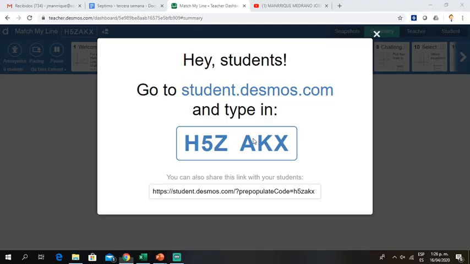Hey students, go to student.desmos.com and type in the code. Please use this code in student.desmos. After you put the code, another window appears asking if you want to use Google or continue without signing in.